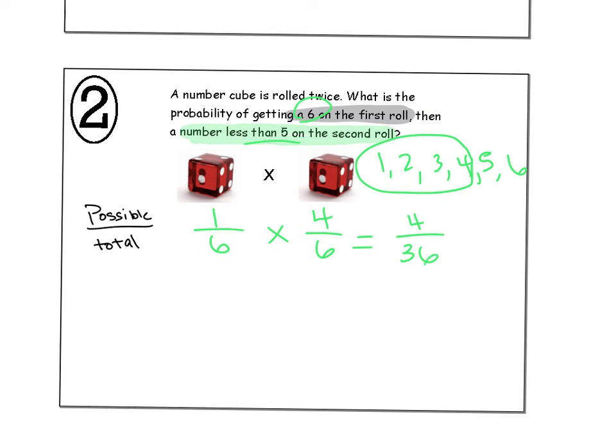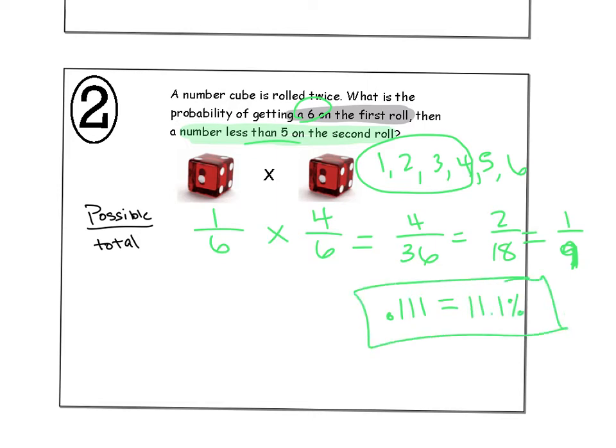And then you can either reduce your fraction. So 36, you've got 2 and 18 if we divide by 2, and then 1 to 9. Or you can just divide 4 by 36 on your calculator, and you would get 0.111, which equals 11.1%. So remember, you could have either one of those or your fully reduced fraction as your answer.